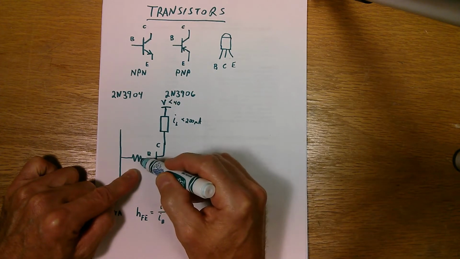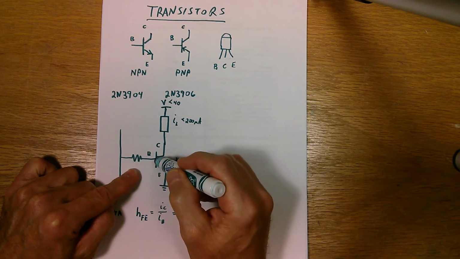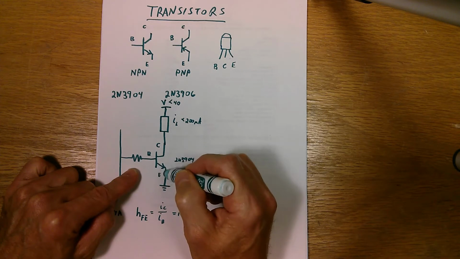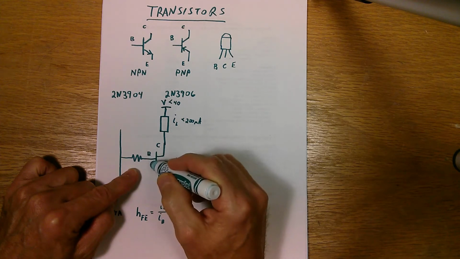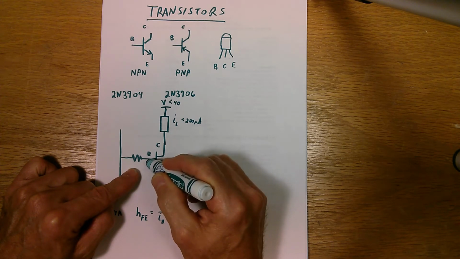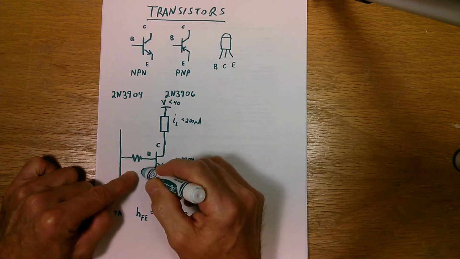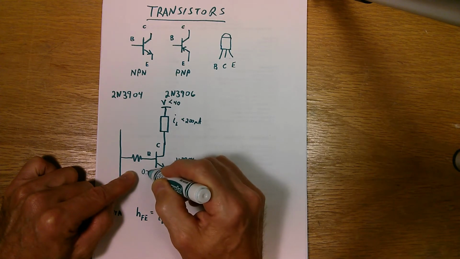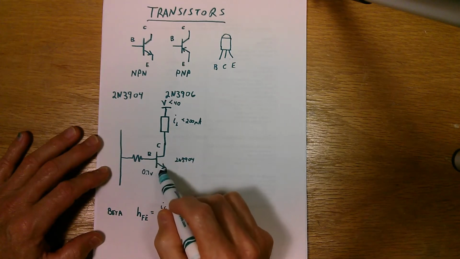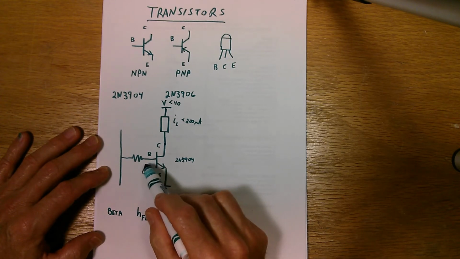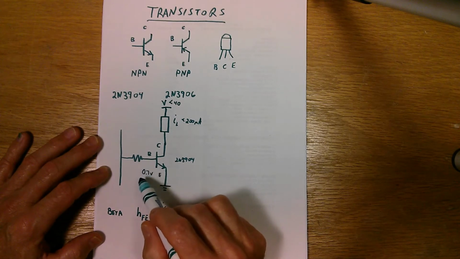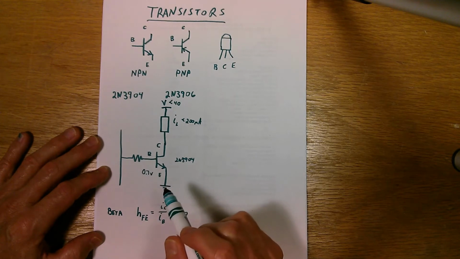Now the reason why there's a current limiting resistor in here is because when this transistor is running, the maximum voltage you're going to get across this base emitter junction is about 0.7 volts. For that, there's a diode in here, but I think I'll do another tutorial separately on diodes, and that'll explain this 0.7 volts.